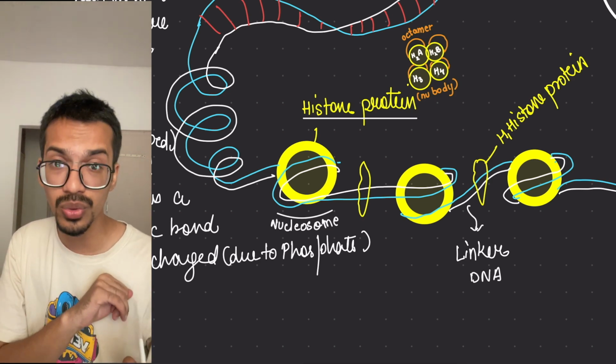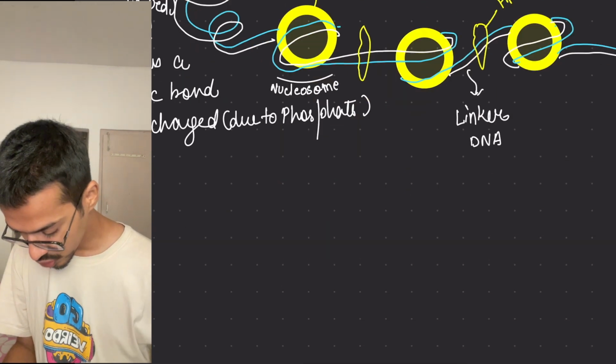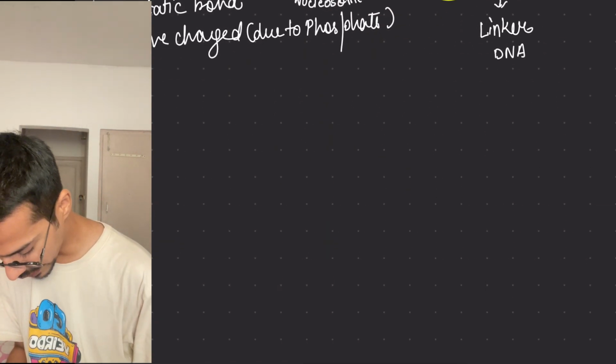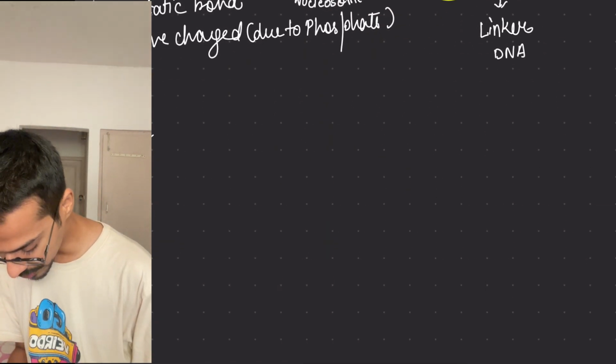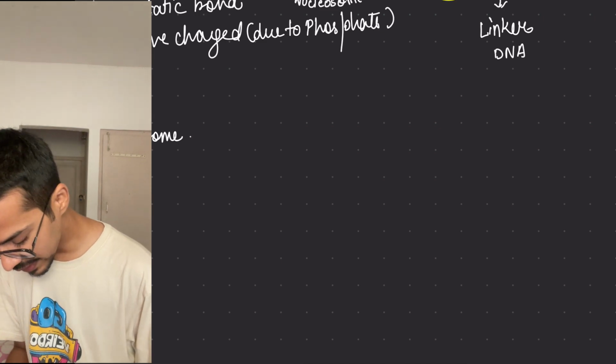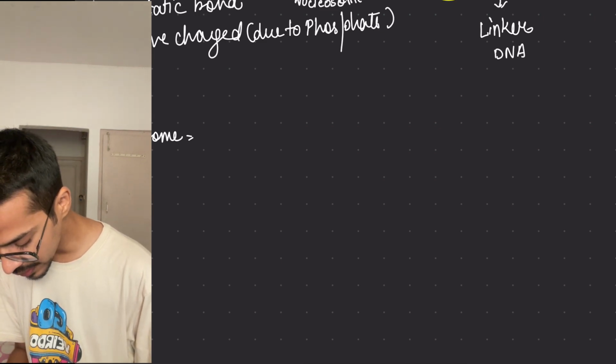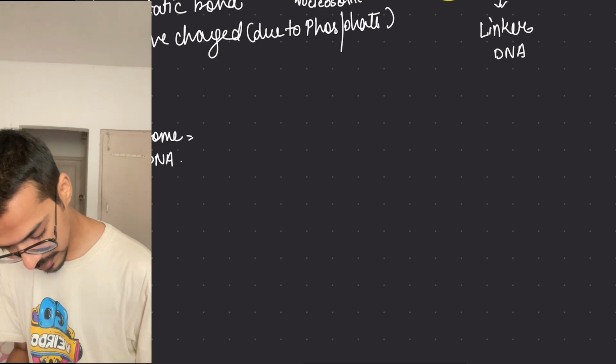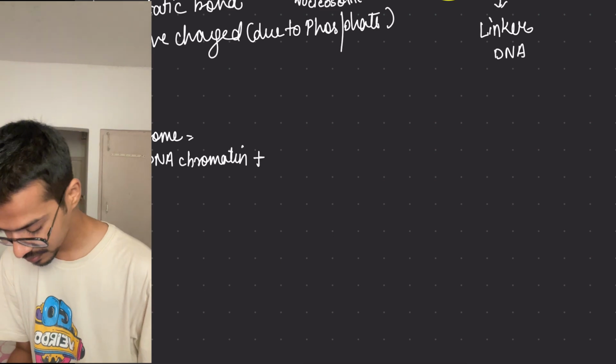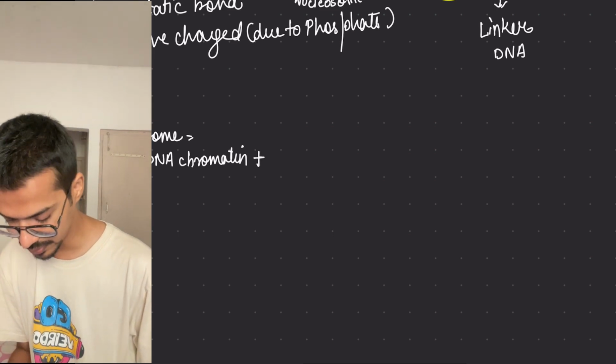Not complete 2 turns. So the nucleosome consists of 200 base pair DNA plus new body.